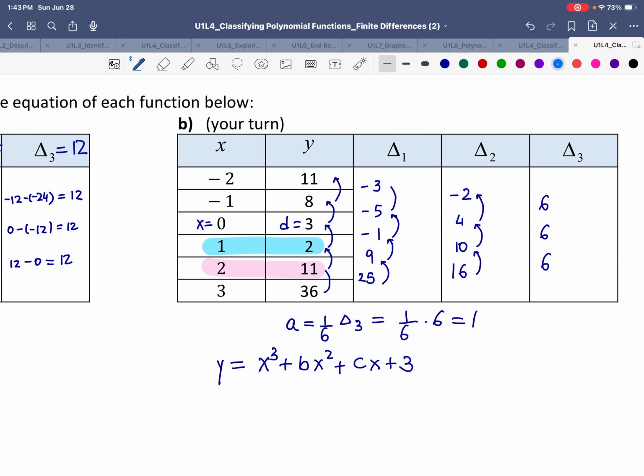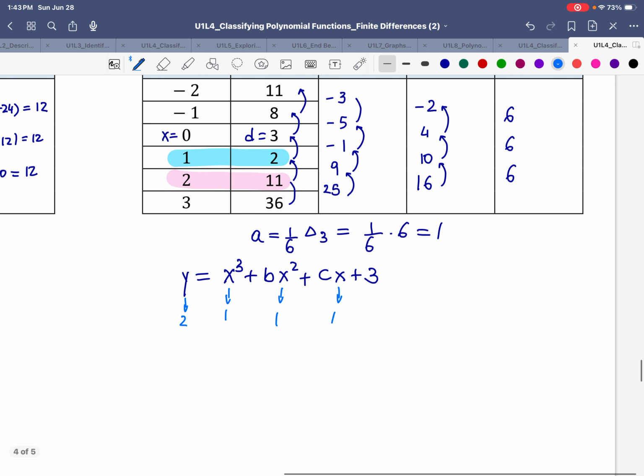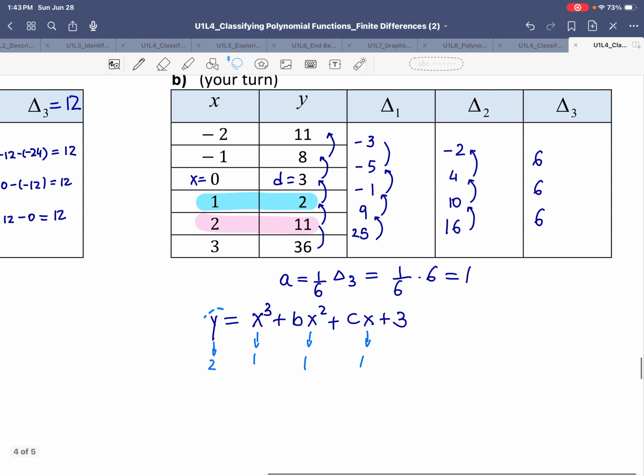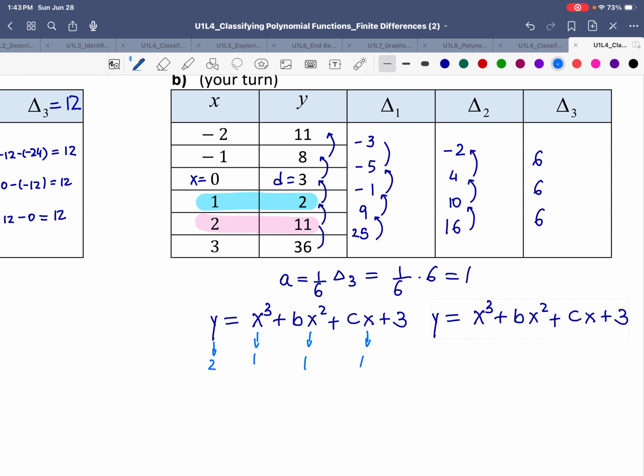So x equals 1 and y equals 2. And in the same way, we are going to substitute x equals 2 and y equals 11 as well. Let's see how this goes.